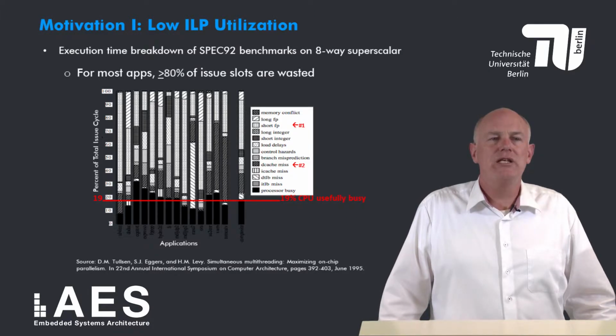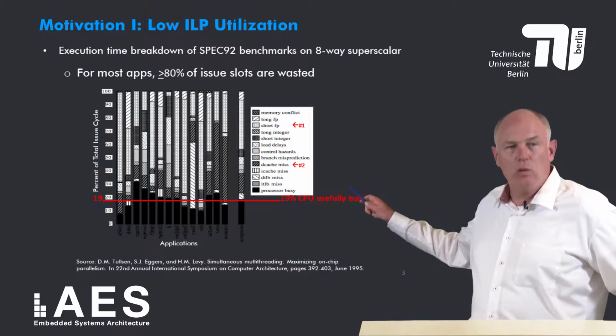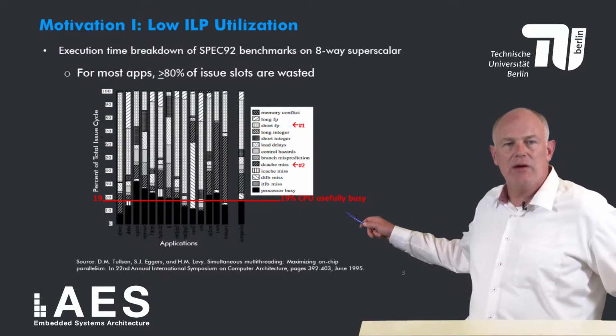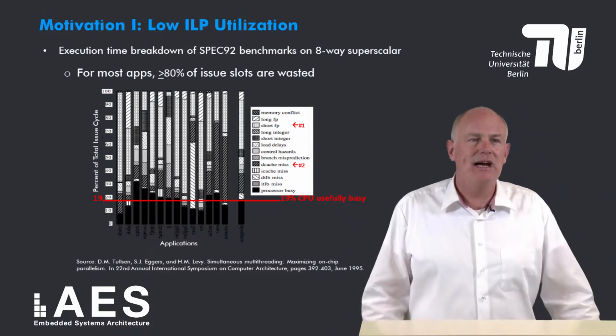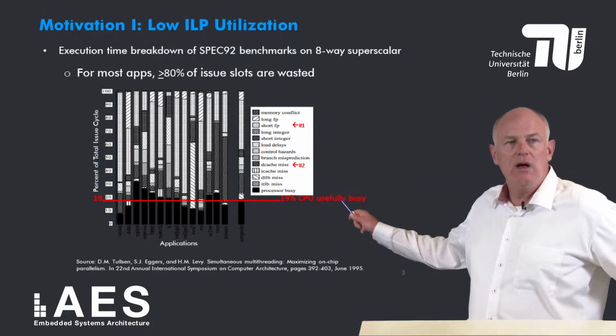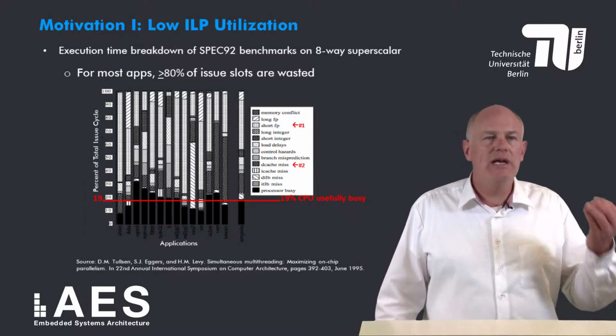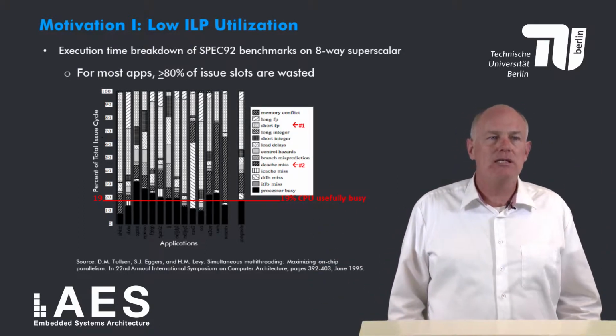Another motivation. This shows the results shown by Dean Tullsen in a very famous paper that was presented at the International Symposium on Computer Architecture in 1995. It shows the execution time breakdown of the SPEC 92 benchmarks on a wide issue, 8-way superscalar processor.